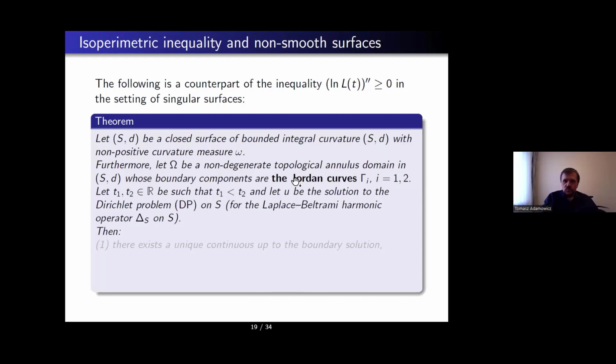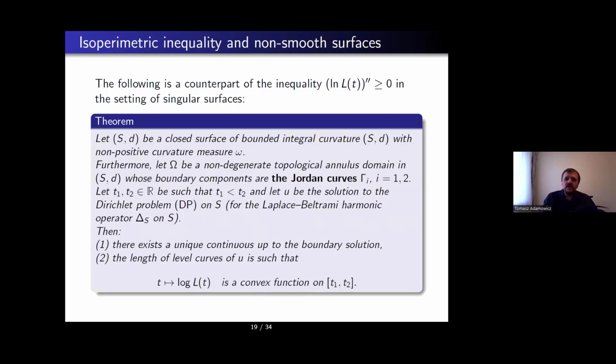In this setting, we consider the Dirichlet problem with constant boundary data for the Laplace-Beltrami operator on the surface S. First of all, we may prove that there exists a unique solution continuous up to the boundary. Moreover, it turns out that the logarithm of L of t, the length of level curves, is a convex function on the interval t1 to t2. So this is the clear counterpart of the isoperimetric inequality in the smooth setting.